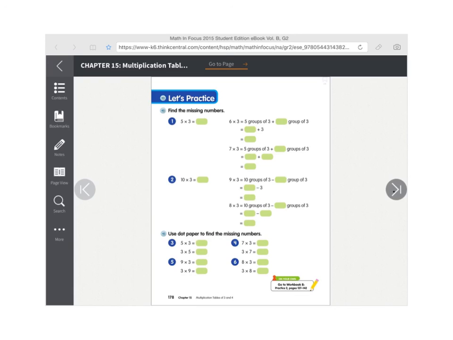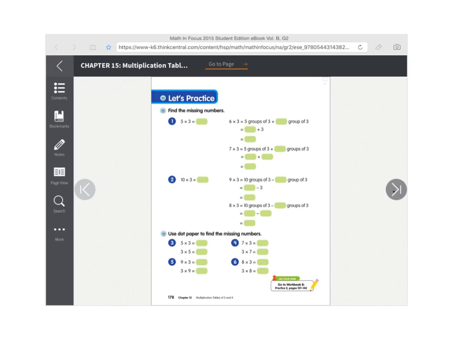So I'm going to have 3 rows with 9 in each row. So this is 9 times 3, and this is 3 times 9. I can still use my skip counting strategy, and if I do, you should have gotten 27 for both answers.